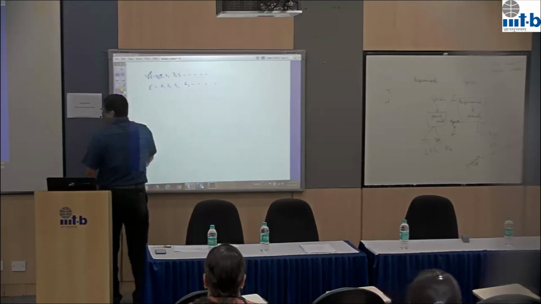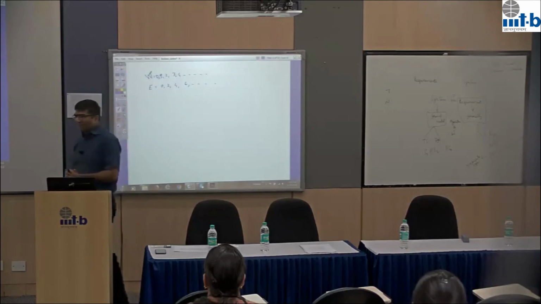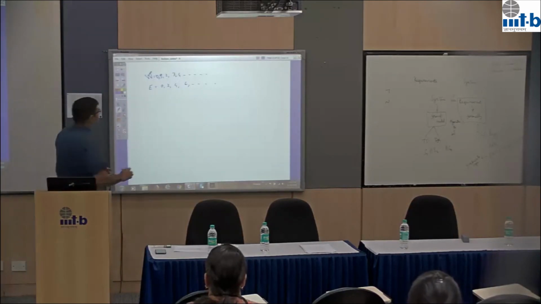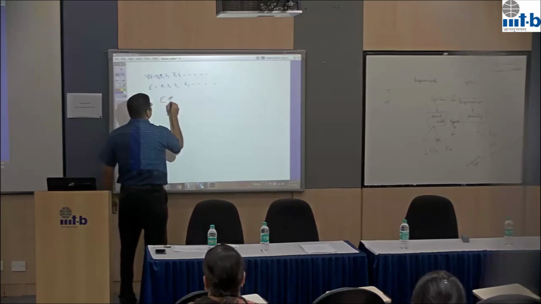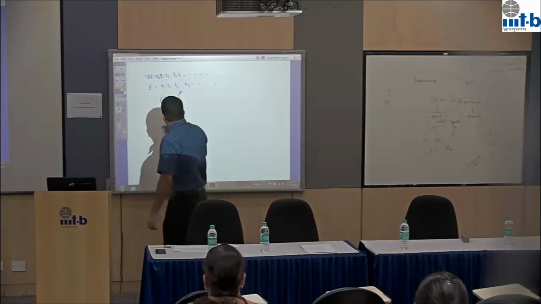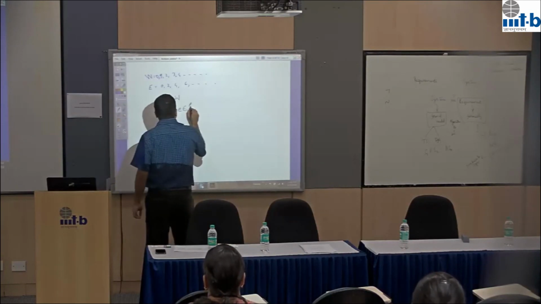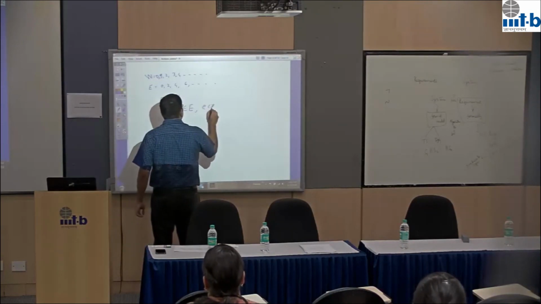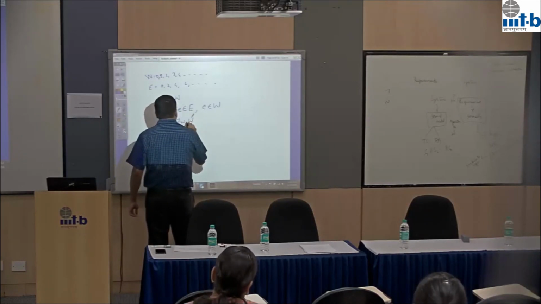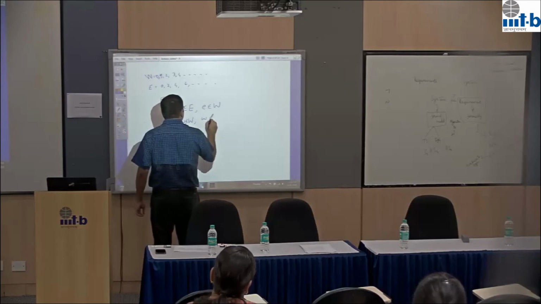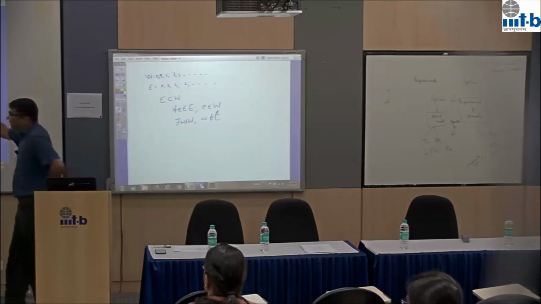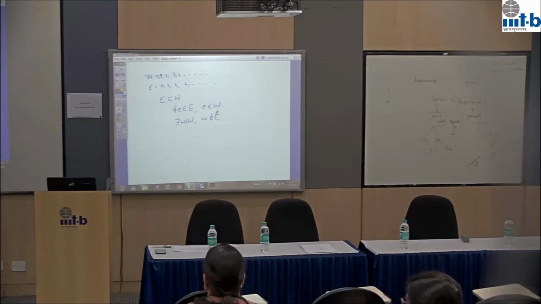So between E and W, which is a subset and which is the superset? E is a strict subset of W. That is, for all e in E, e belongs to W, and there exists some w in W such that w does not belong to E. Fine. So between E and W, E is clearly the subset.